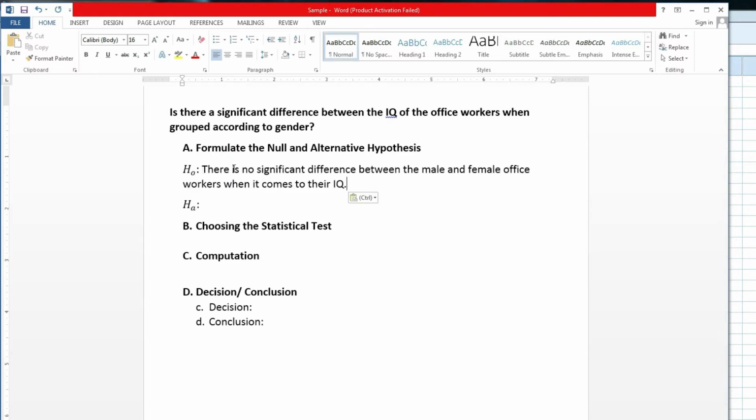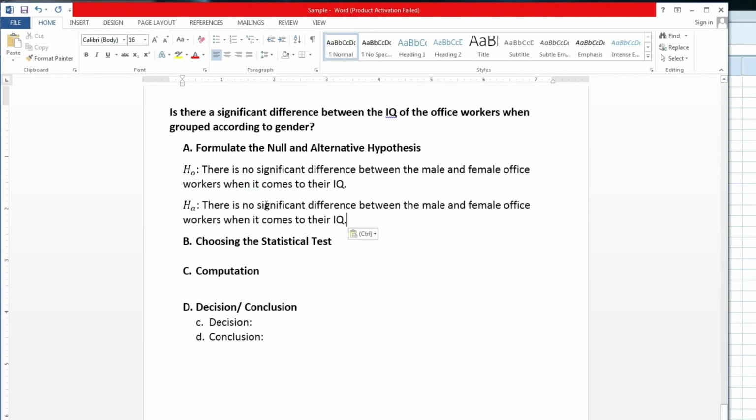For our null hypothesis, there is no significant difference between the male and female office workers when it comes to their IQ. If that is our null hypothesis, let's negate that for our alternative hypothesis: there is a significant difference between the male and female office workers when it comes to their IQ.